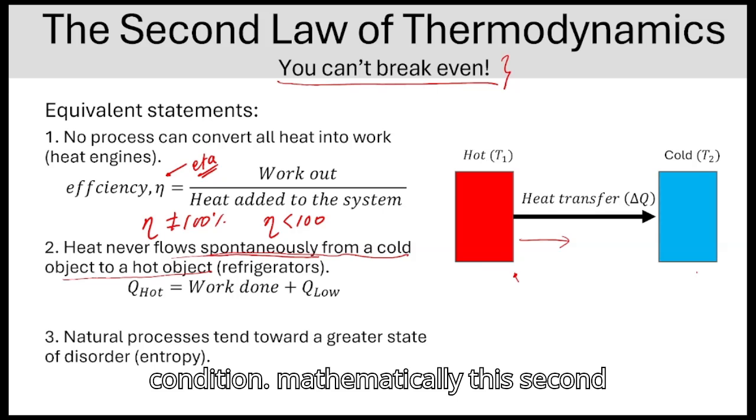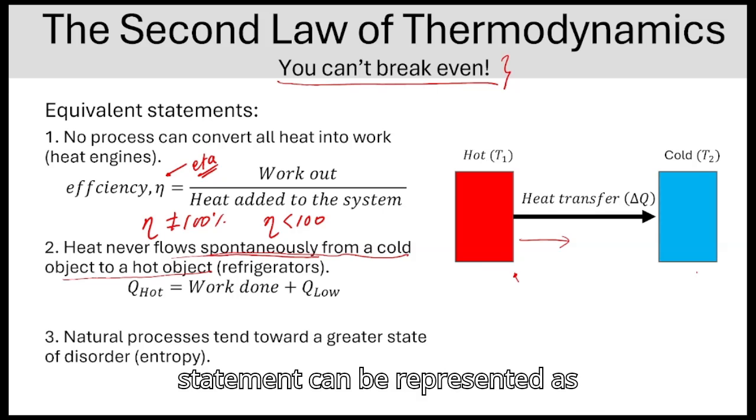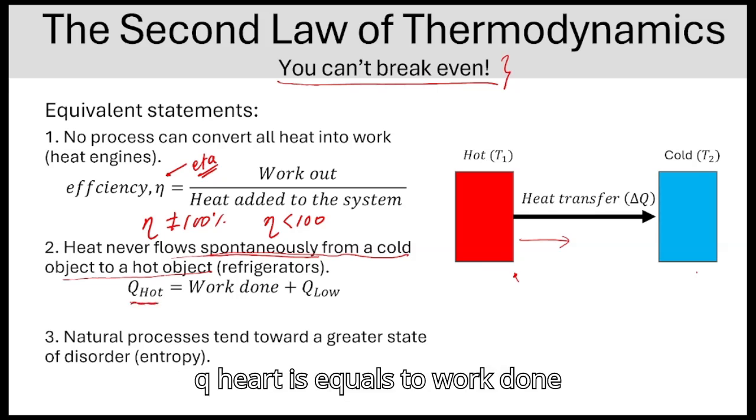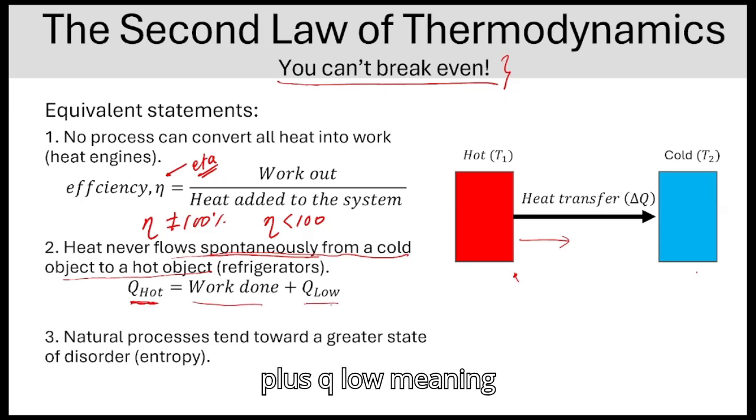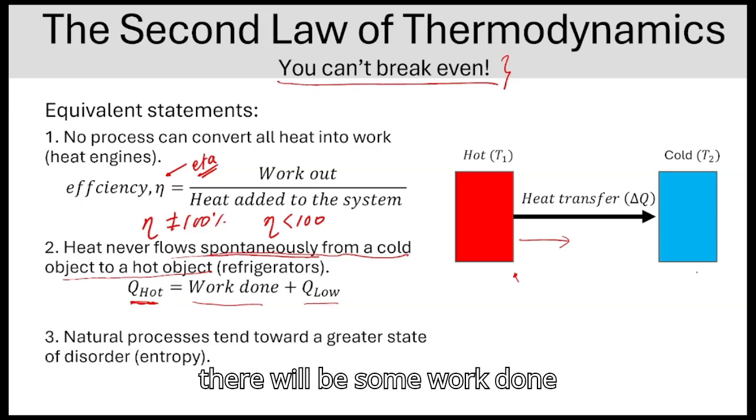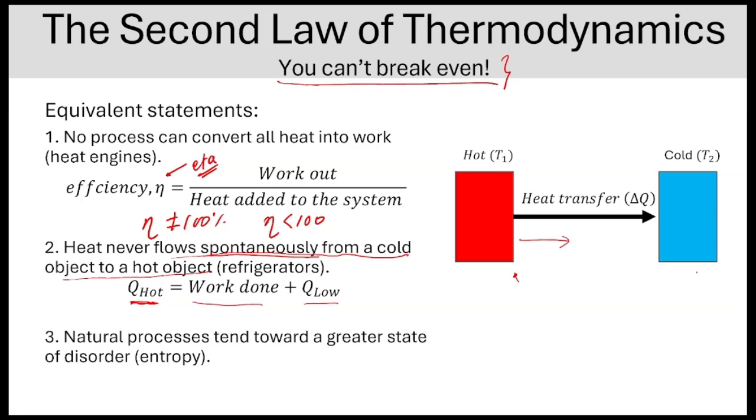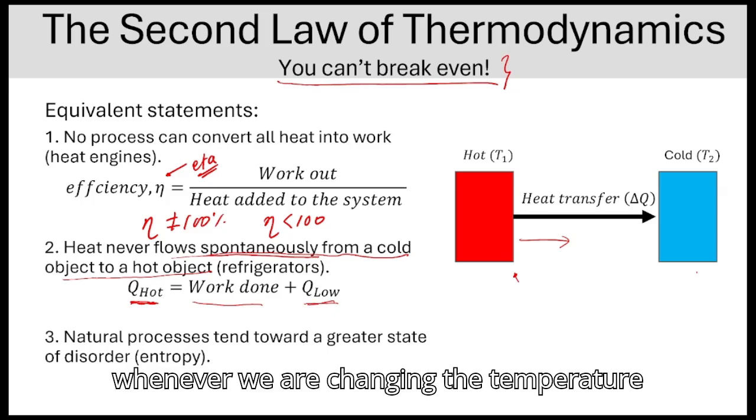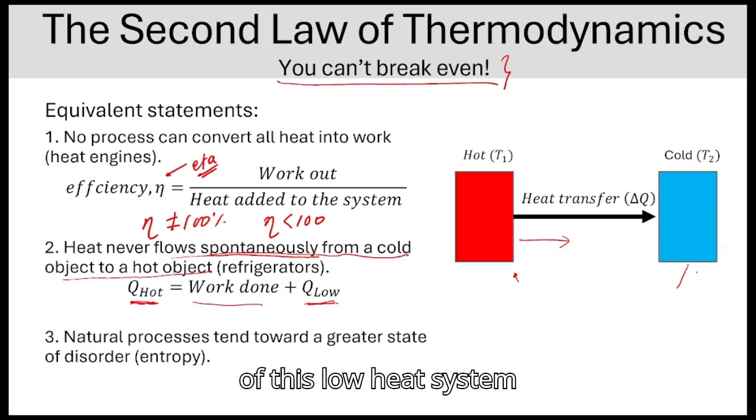And mathematically this second statement can be represented as Q hot equals work done plus Q low, meaning there will be some work done whenever we are changing the temperature of this low heat or cold system.